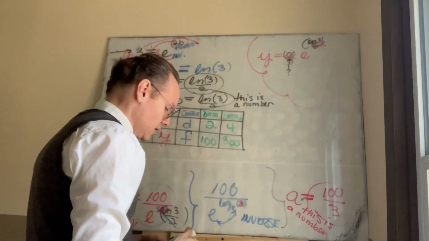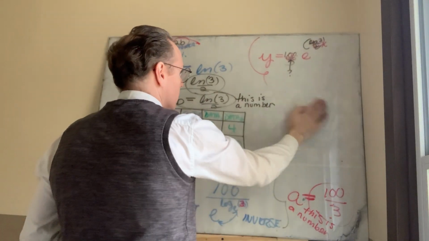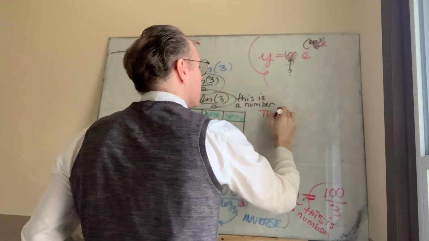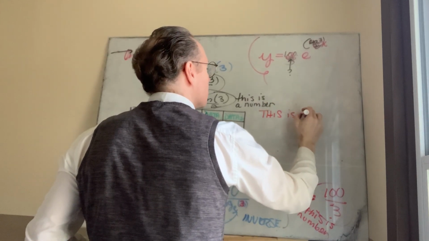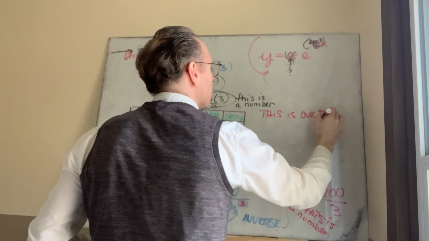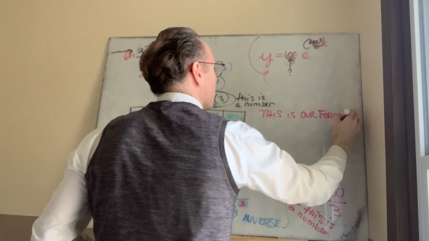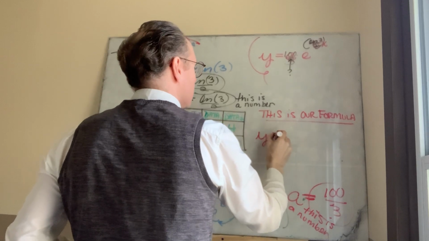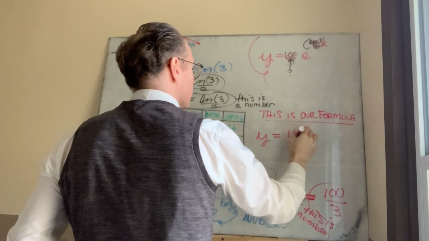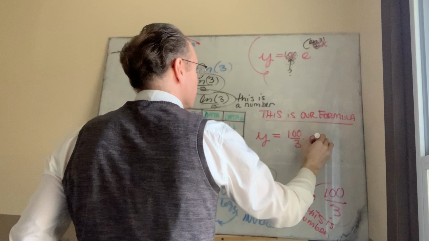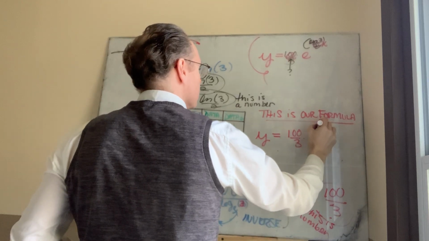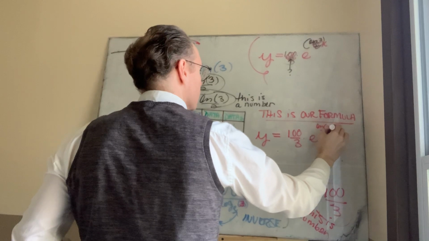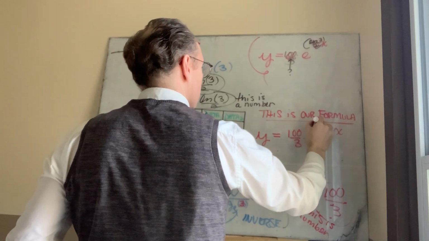All right. This is our formula. Y equals 100 over 3 times E to the natural log of 3 over 2 times x.